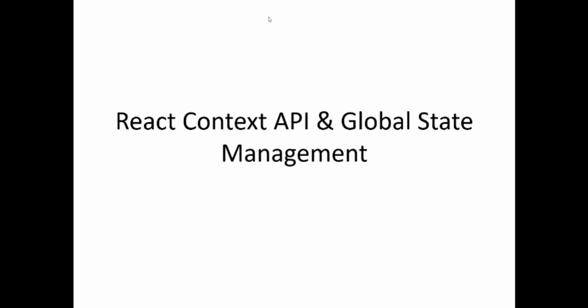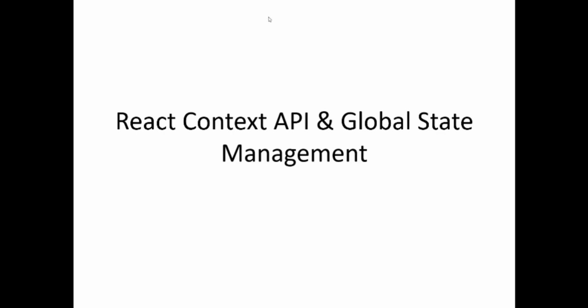So, what is prop drilling? Before Context API, if you wanted to share some data across multiple components, you would have to pass props down through every intermediate component. Imagine you have a user object in your App component, and you want to use it in a deeply nested child component.